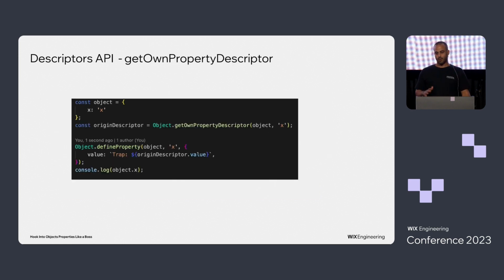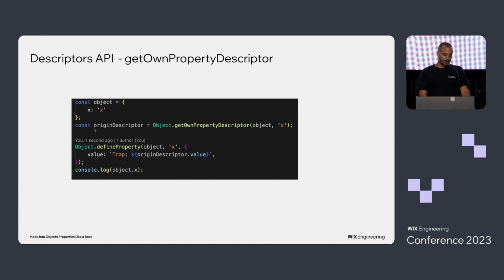About getOwnPropertyDescriptor. The reason that it's very important for understanding this whole talk is that when I'm overriding something, I need to get the original function that I overrode. Like, if I want to override some object property, again, if I want to override x, I need to get the original descriptor of the value.